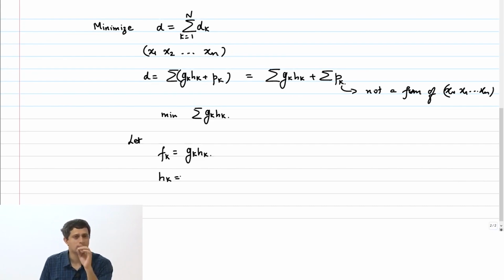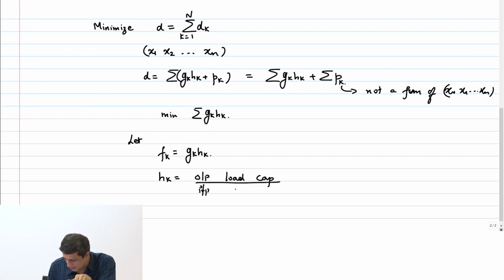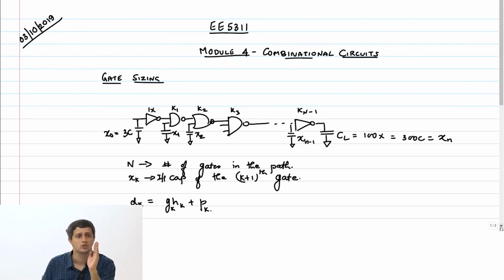It is the electrical effort of the kth gate, which is output load capacitance divided by input capacitance. Here, by the way, in this whole notation I am assuming that there is no branching. So I don't have gates like this. Otherwise this notation will not work. So let's just keep that in mind.